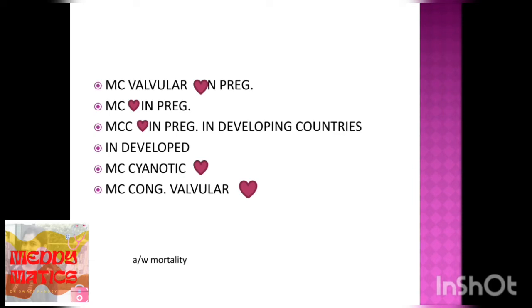Now, the most common valvular heart disease in pregnancy, note the word valvular, is mitral stenosis. The mitral valve is the valve most commonly associated with problems in heart disease during pregnancy.